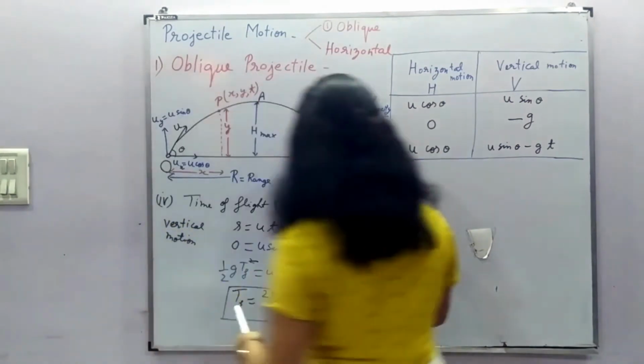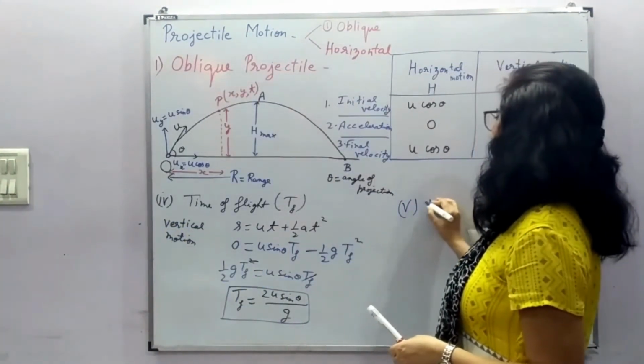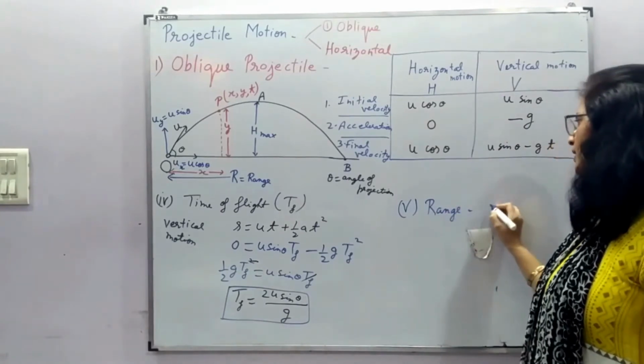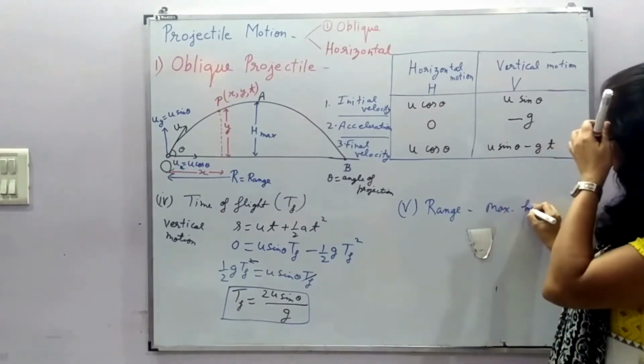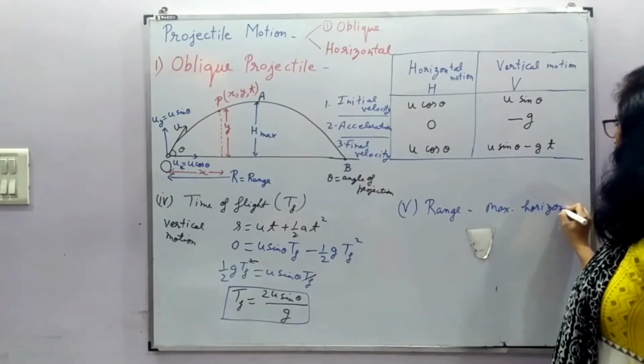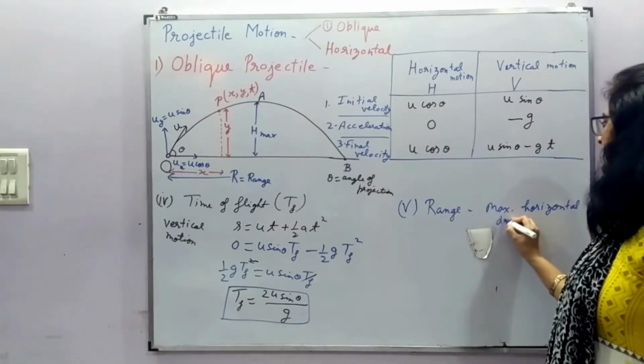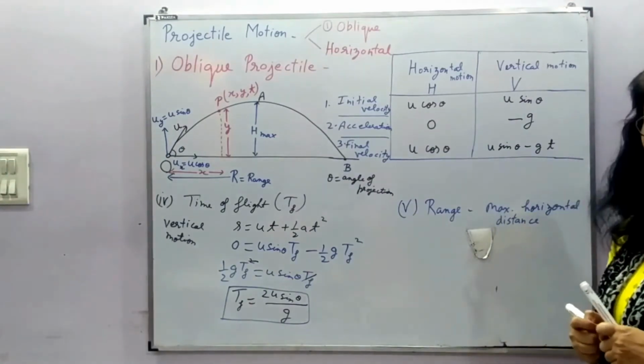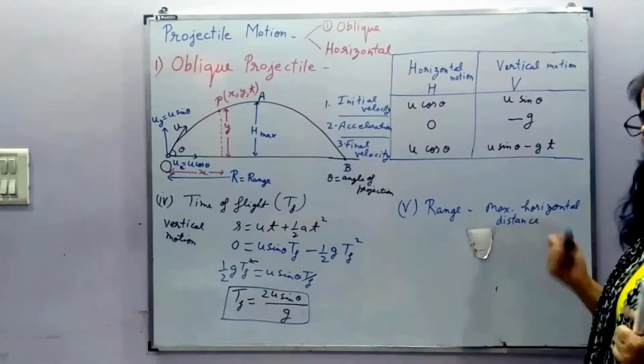And the last derivation. Last is for the range. And what is range? The maximum horizontal distance traveled by a projectile is called range.